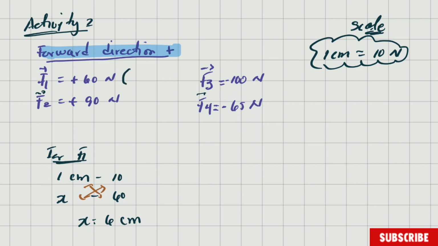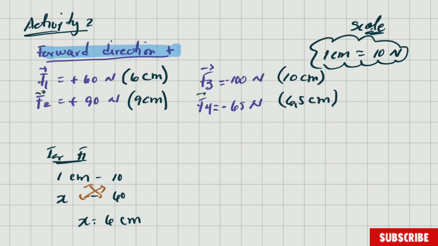Therefore, this one is going to be 6 centimeters long. Now F2 is 90, guys. If you do the cross product as I just showed you, you will have 9 centimeters. F3 is 10 centimeters, and F4 is 6.5 centimeters.